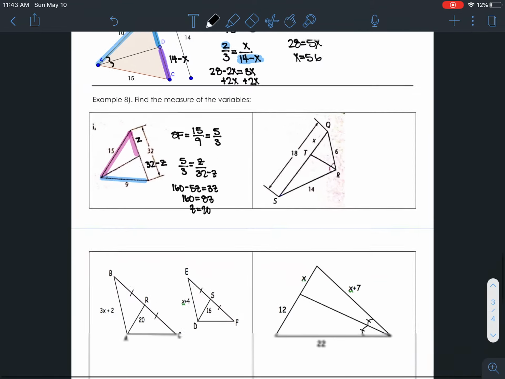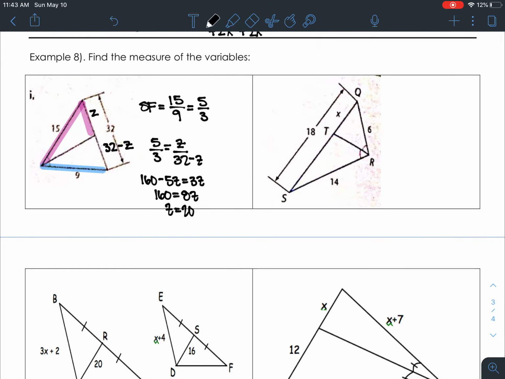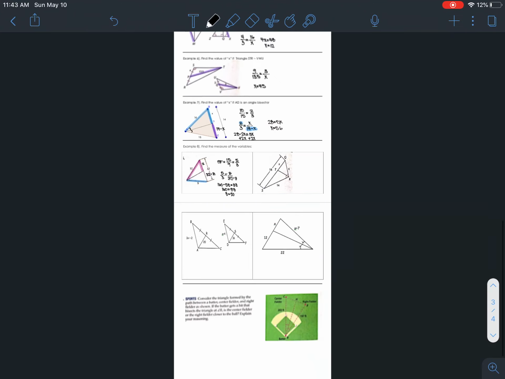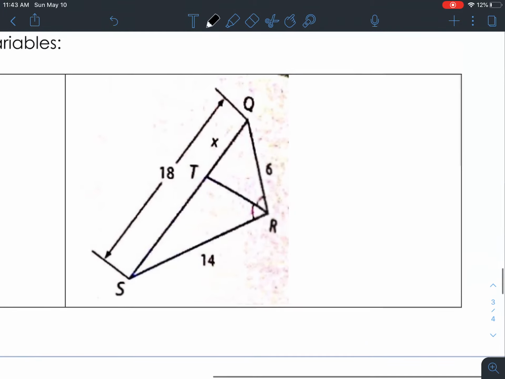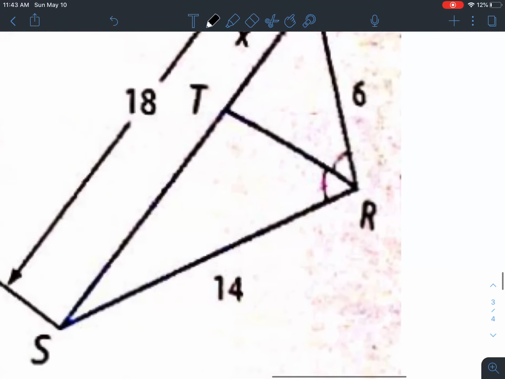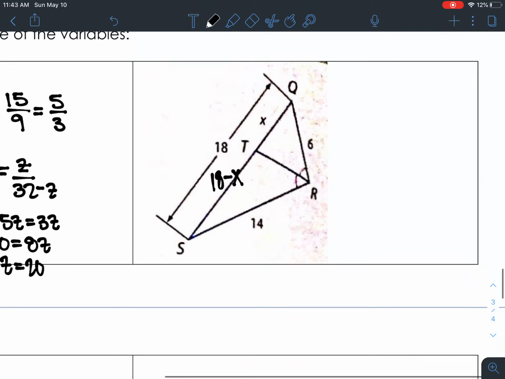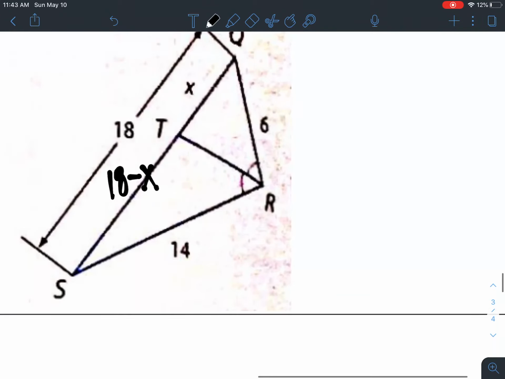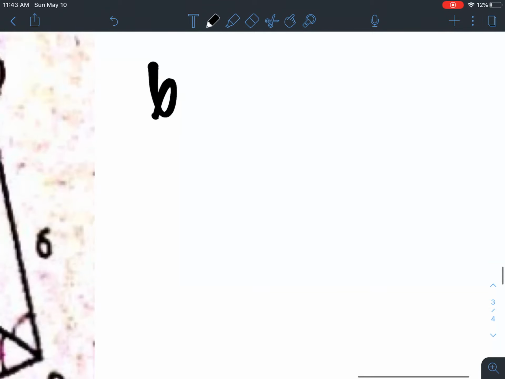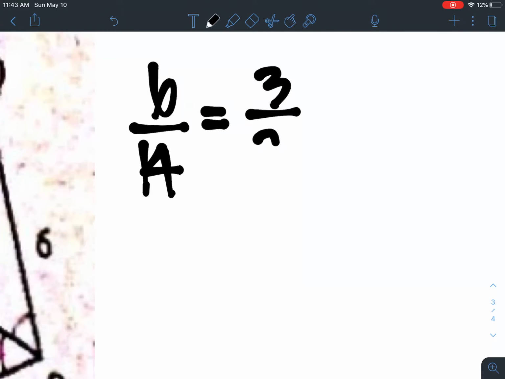I'm just going to do one more of these, because the other ones are very similar to the ones that we did on top. I'm just going to do the next one. So let's notice that that's an angle bisector, which means that this one is 18 minus x. Setting this up, I'm going to do 6/14 is my scale factor, which reduces into 3/7.